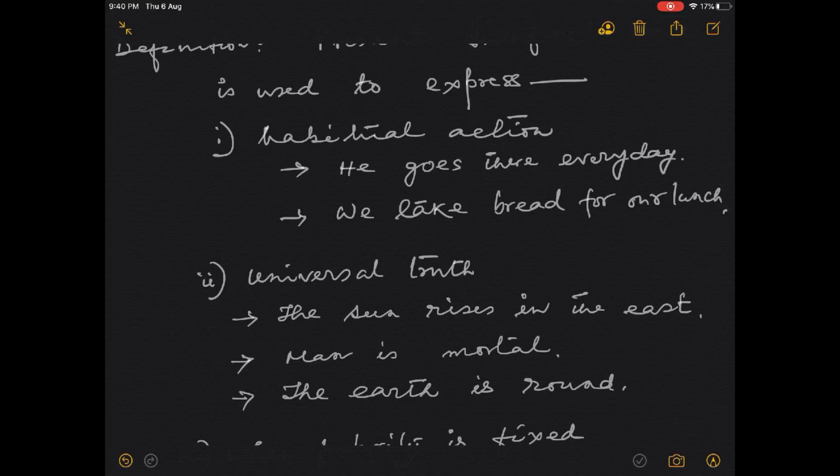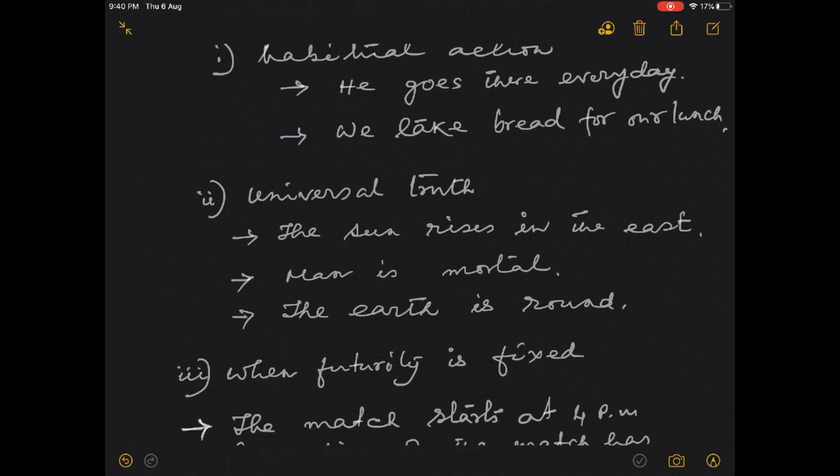Everyone knows the fact. So, it is true in the universe. Next one is man is mortal. It is also universally true, you know. And the last one is here, the earth is round. There are a lot of examples of universal truth in the world.